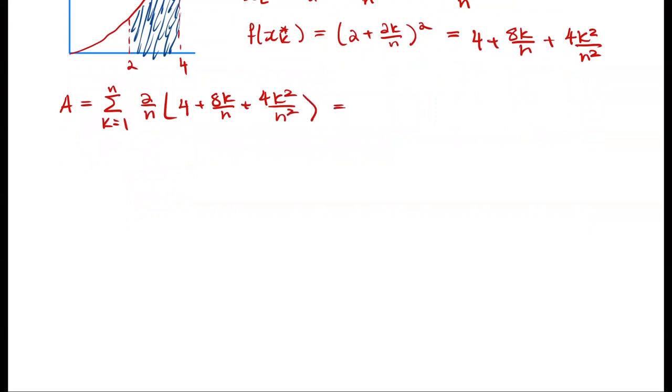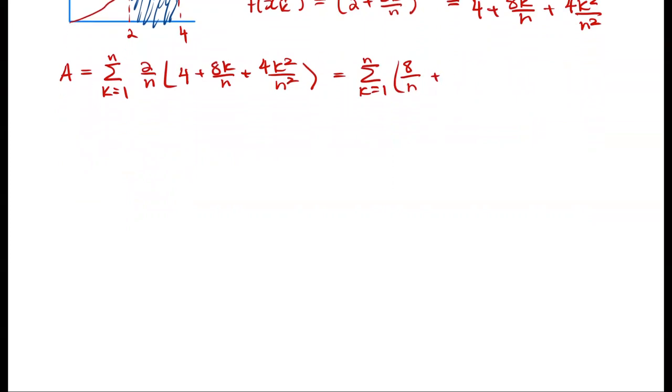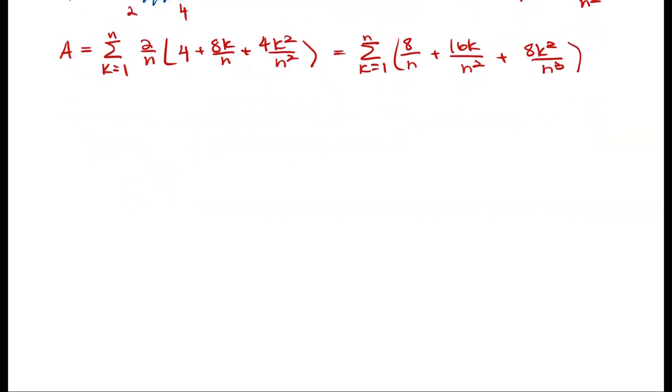Then if we distribute everything, so for k equal to 1, we get 8 over n plus 16k divided by n squared plus 8k squared divided by n cubed. Well, let's put all this together.